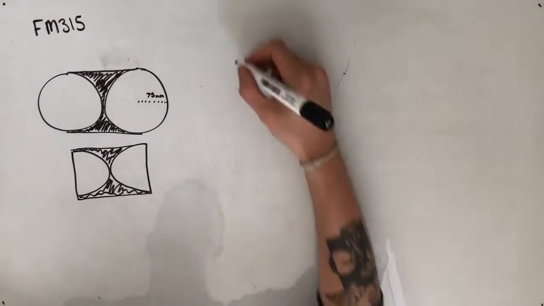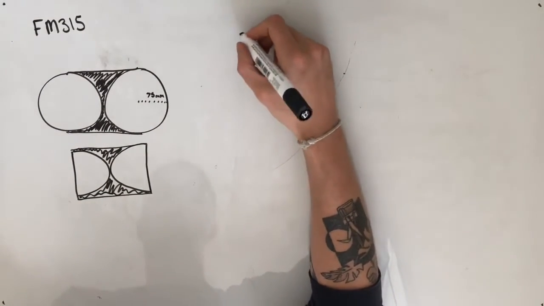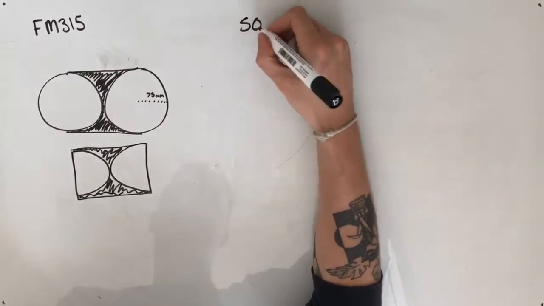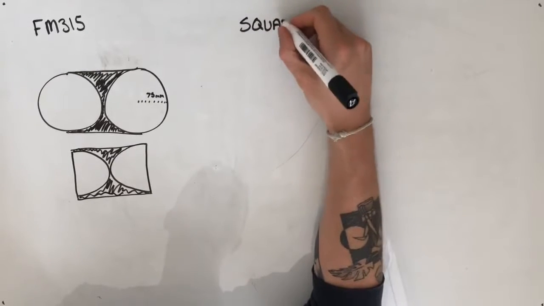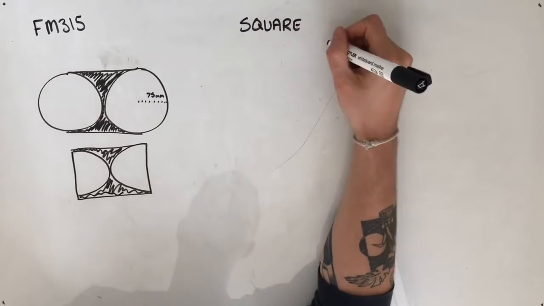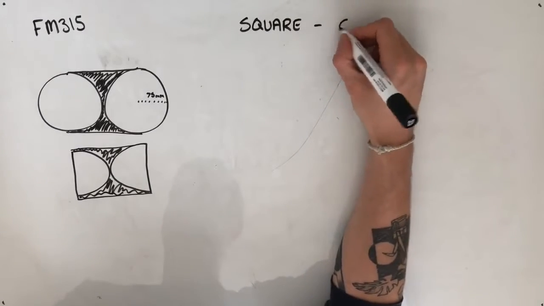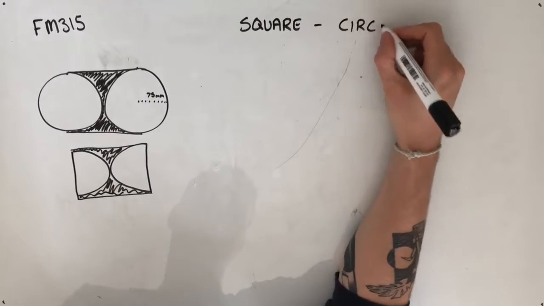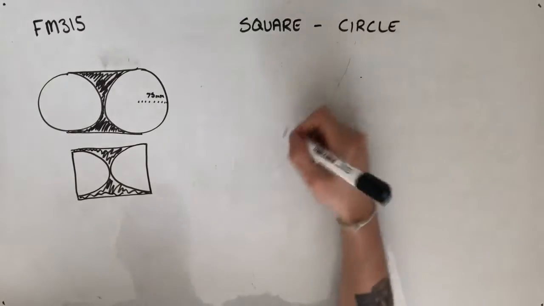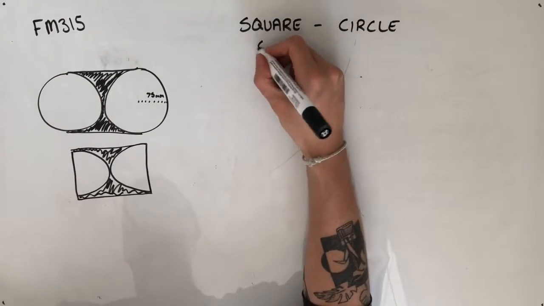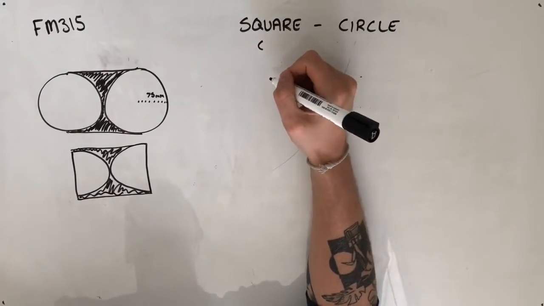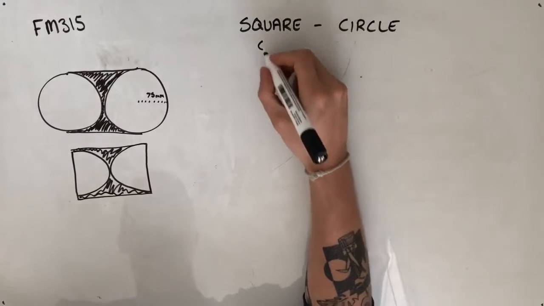around it. So we're going to set this up as a square. Now you might start off by writing this out as rectangle and then change it to square later when you realize that it's a square. That's fine. But for now, we're just going to write it down as square minus circle. The other important thing to remember here is that we're looking for the area of the shaded region in square centimeters.